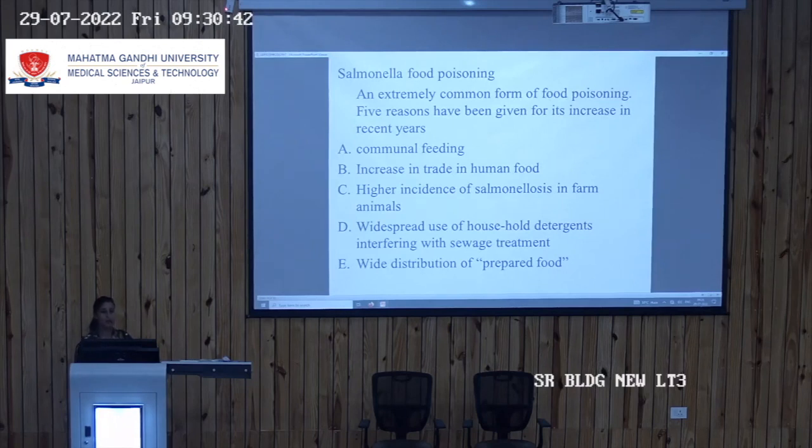If farm animals are infected, the disease will be transmitted to humans. Widespread use of household detergents interfering with sewage treatment. If sewage is improperly treated, it will infect. Wide distribution of prepared food. If the food is already cooked, there are chances of infection.